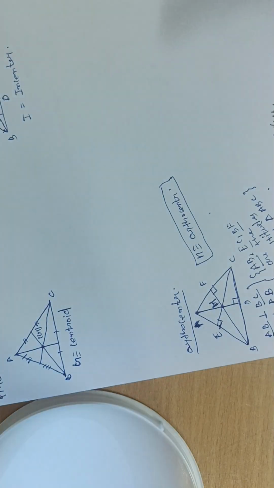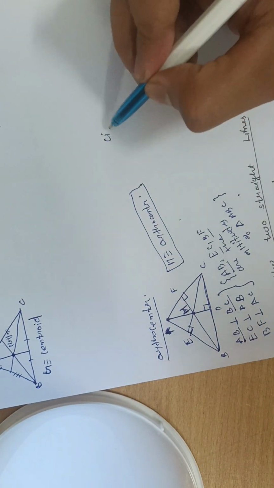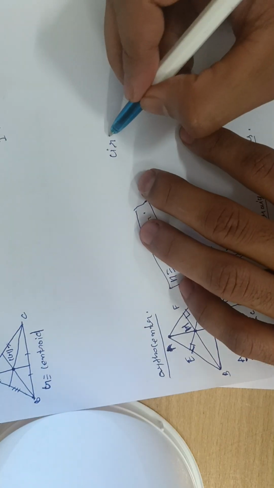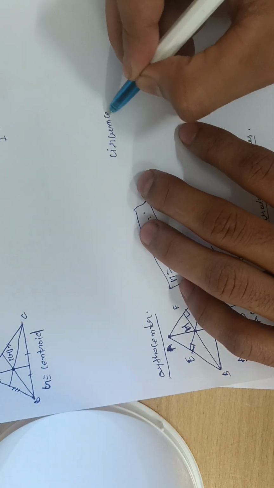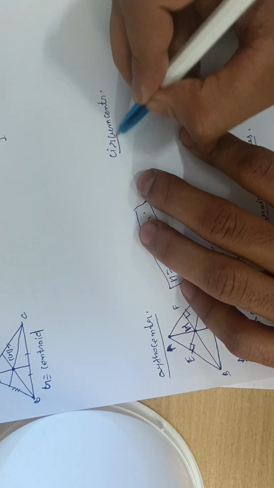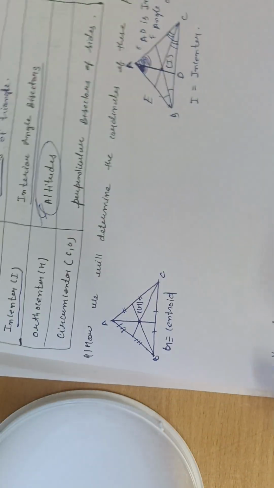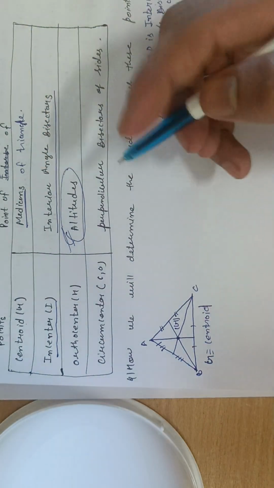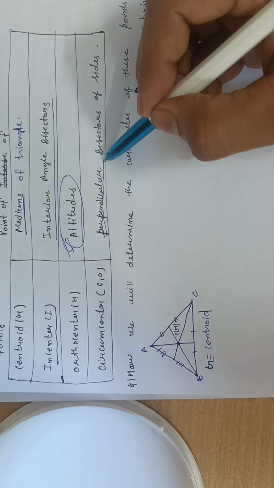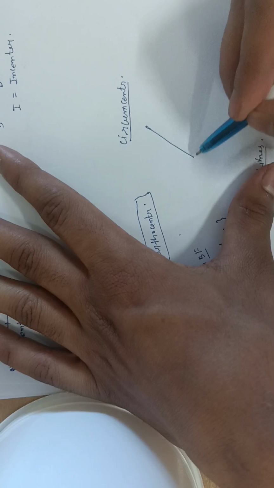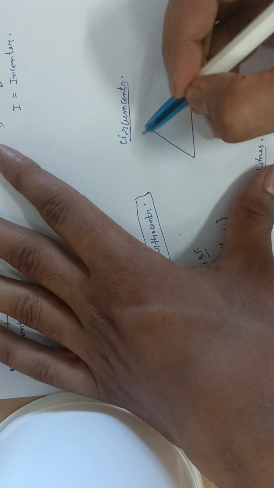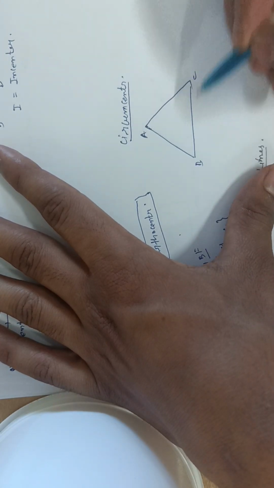Now let us see the last point of a triangle, which is the circumcenter. The circumcenter is basically a point of intersection of the perpendicular bisectors of the sides. Suppose that this is our triangle ABC.